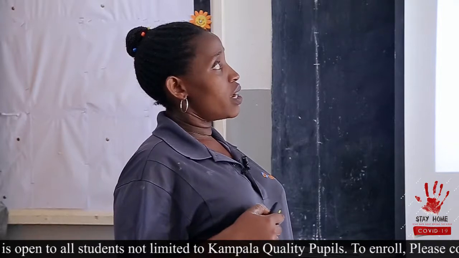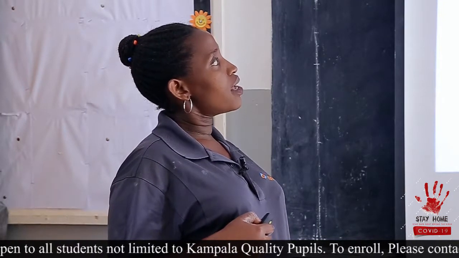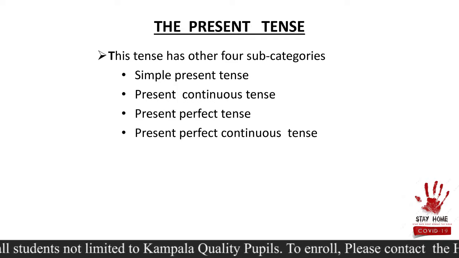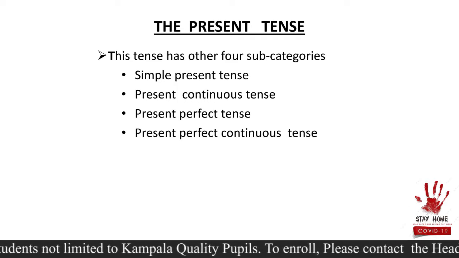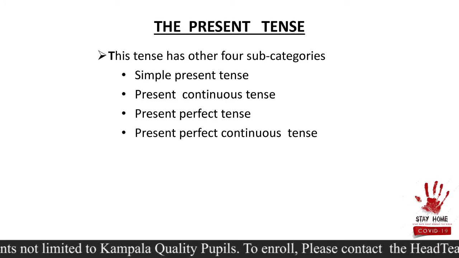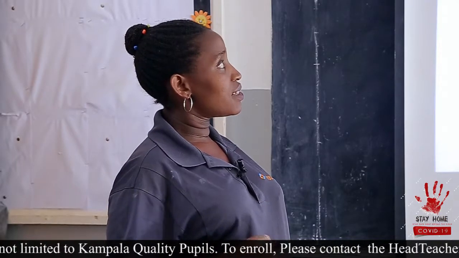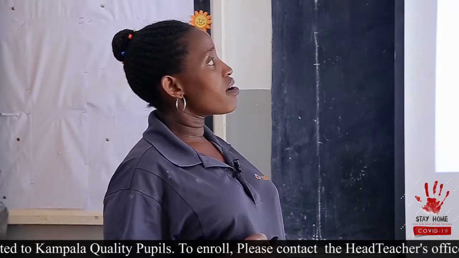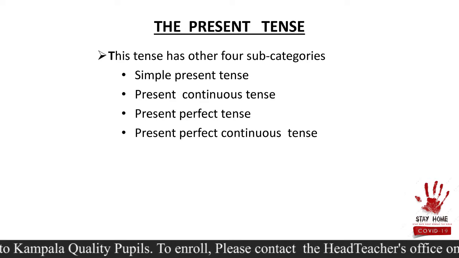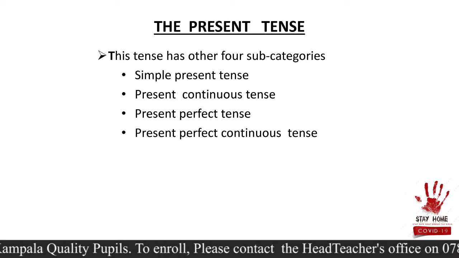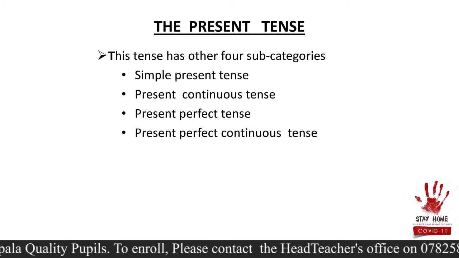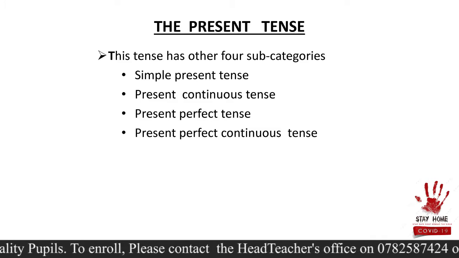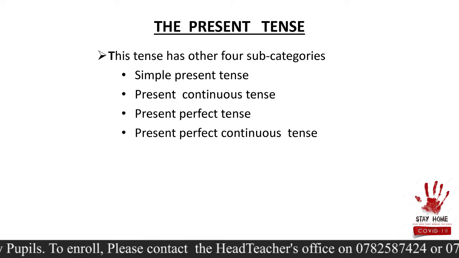So when we ask, we say this tense has four other sub-categories. I think most of you now are going to start knowing what I've been talking about. The first category is the simple present tense. We have the present continuous tense, the present perfect tense, and then the present perfect continuous tense.